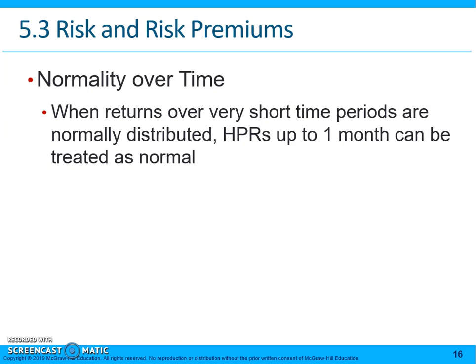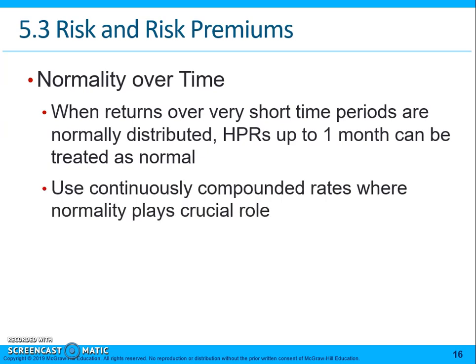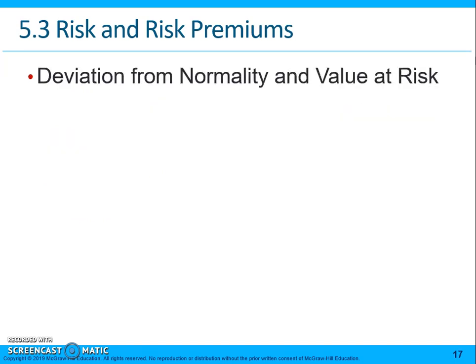They may not be completely accurate, but it is the chosen method of analysis because of the simplicity. It is important to use continuously compounded rates when normality plays a crucial role.